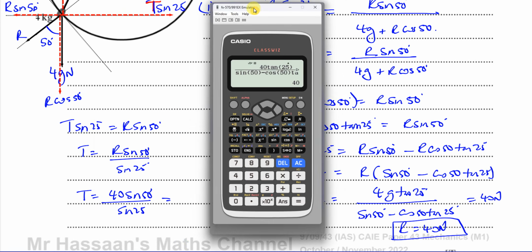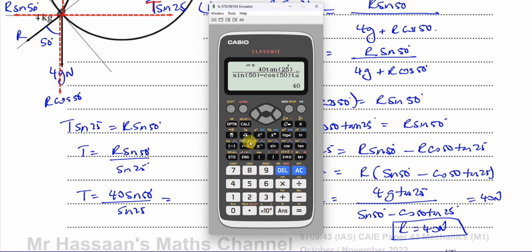So we have 40 sine 50 divided by sine 25. And that gives us 72.5046.